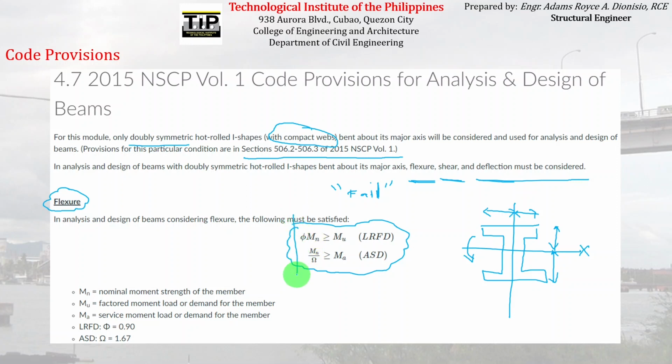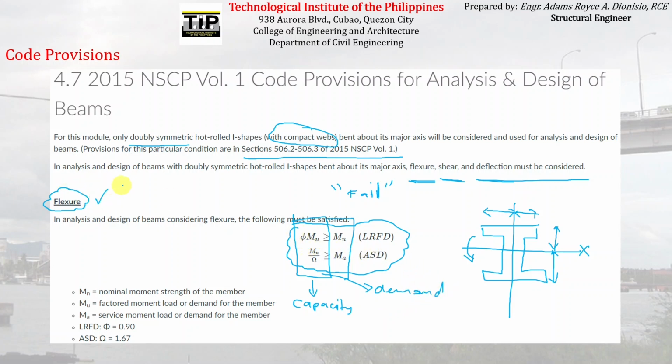Ibig sabihin lang yan, yung left side, yung capacity ng member natin, yung flexural member natin, dapat palaging mas malaki compare sa demand dun sa internal effect na nire-resist nila. Okay, so in this case, since flexure tayo, syempre puro moment ang pag-uusapan natin.